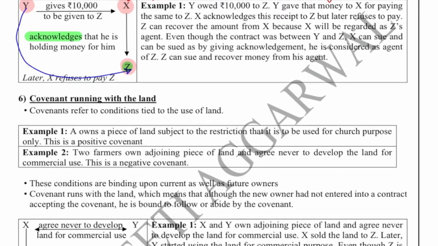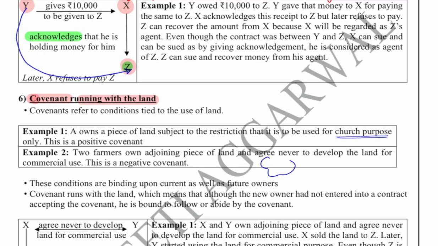Next, we have covenant running with the land. Covenants are nothing but conditions, and because here we are discussing land, these are conditions which are tied to the use of land. Like A owns a piece of land which can be used for church purposes only and no other purpose.